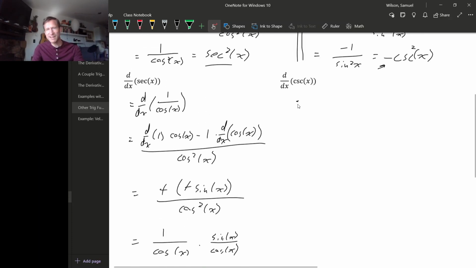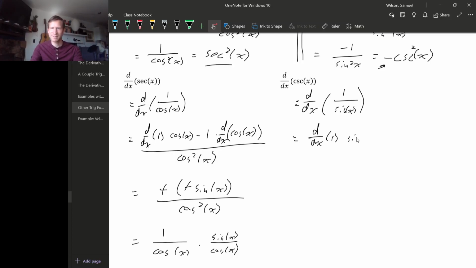All right, for cosecant, of course, it's going to work out mostly the same as for secant. 1 over sine x. So that's derivative with respect to x of 1 times sine x with no derivative minus 1 times derivative of sine x all over sine squared. Okay, again, this first term is gone because the derivative of 1 is 0.